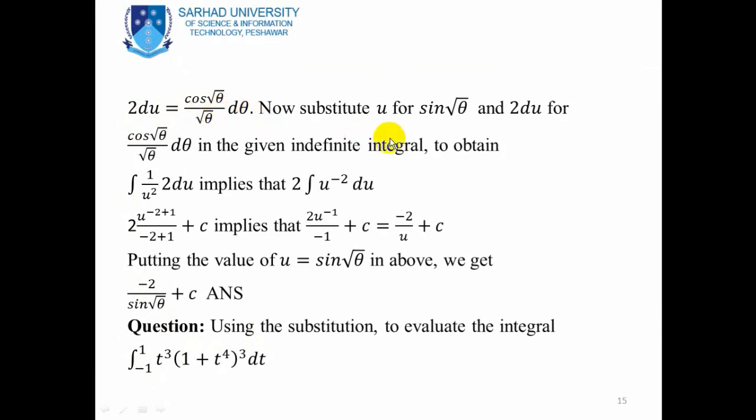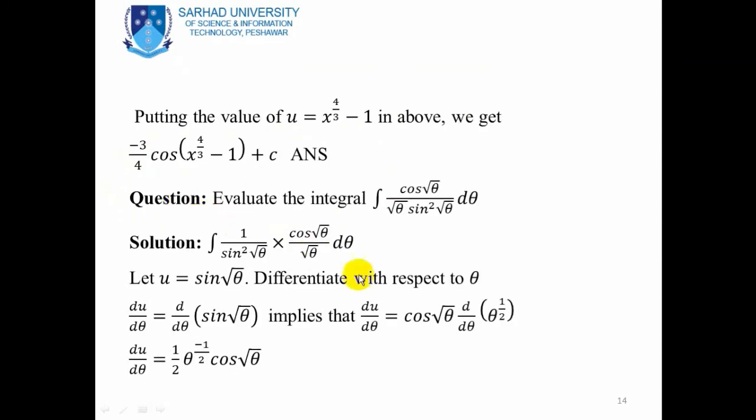Now substitute u for sine root theta and 2 du for cos root theta divided by root theta into d theta in the given integral. We obtain the integration of 1 over u squared into 2 du. Dear students, note that before using this supposition, the given integral looks very complicated.